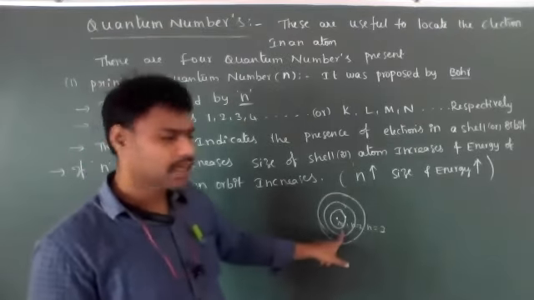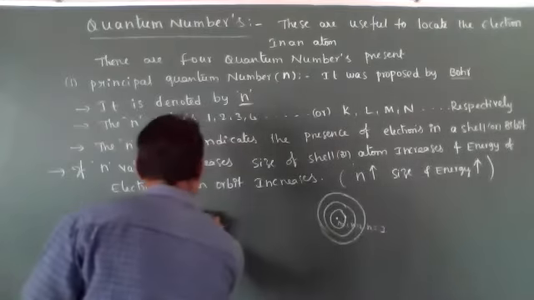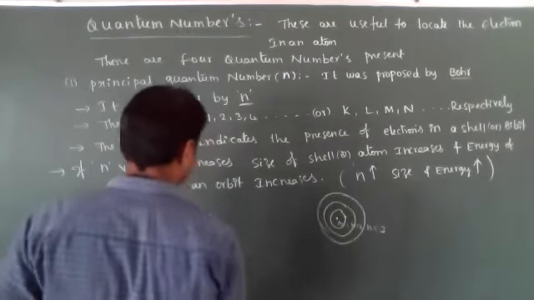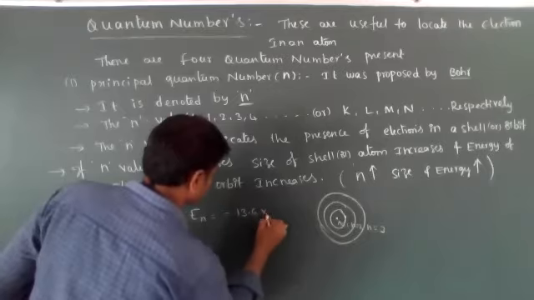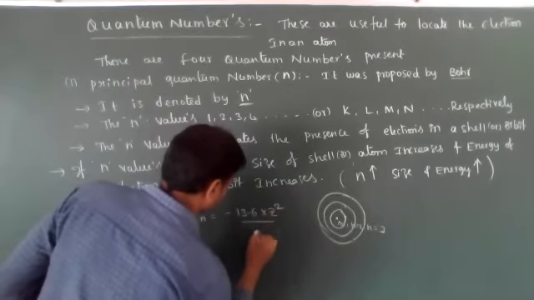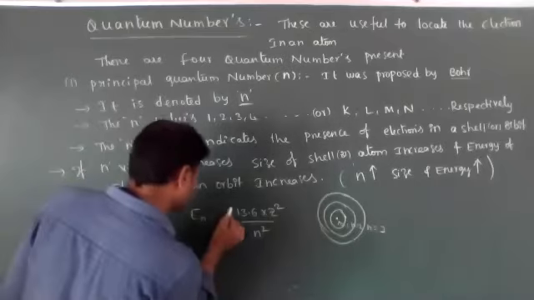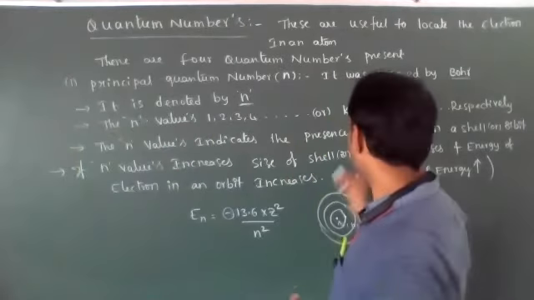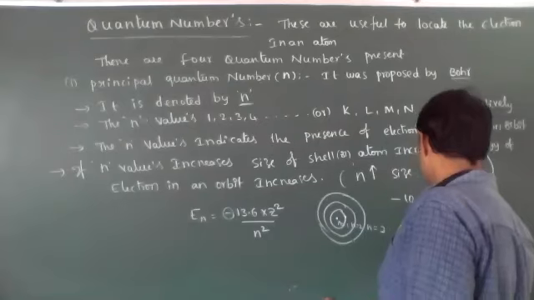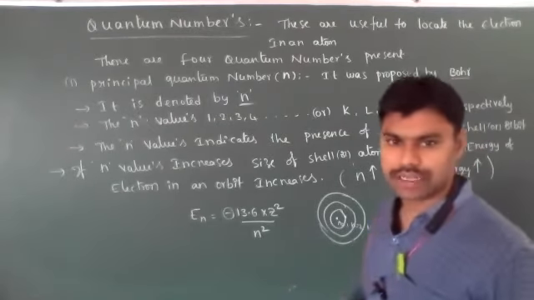Now the energy of the electron. We already know the formula: energy of electron equals minus 13.6 times Z square by n square. n is in the denominator, but the negative sign is present. For example, minus 10 and minus 100: minus 10 is the higher value.